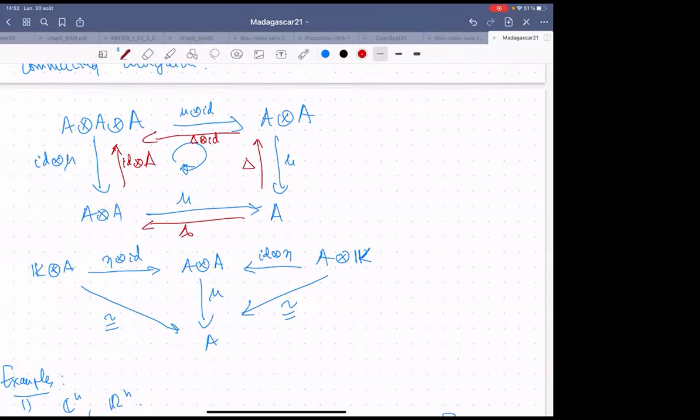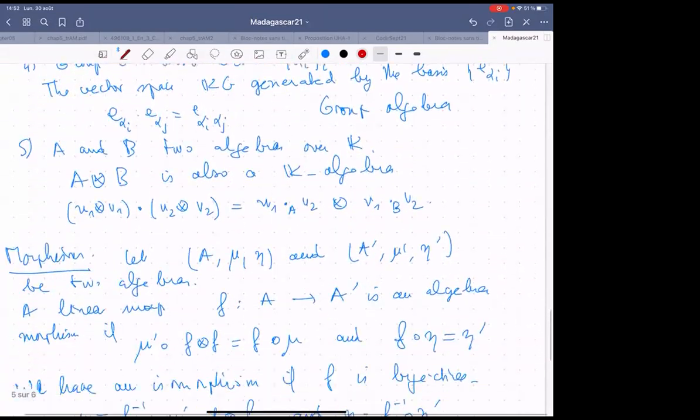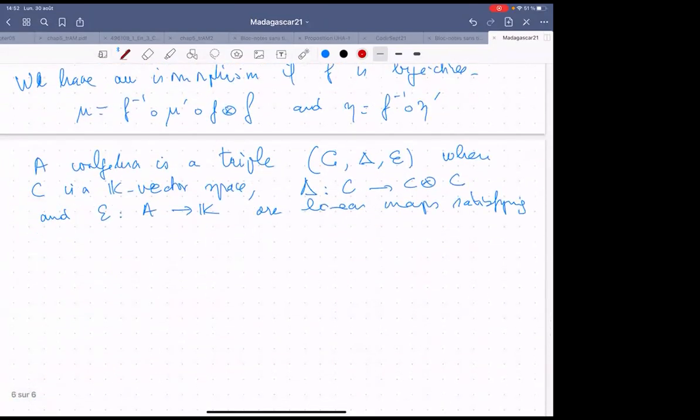The co-associativity is: delta tensor identity composed with delta equals identity tensor delta composed with delta. This is what we call co-associativity.